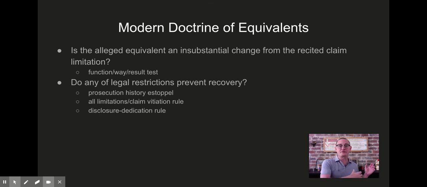In other words, if the patent applicant had originally tried to claim the equivalent and then they took the equivalent out, well, that's pretty good evidence that they're not entitled to own the equivalent that they're claiming. Maybe it isn't really an equivalent at all. Maybe the equivalent was covered by prior art and therefore not something that the patent owners were entitled to.